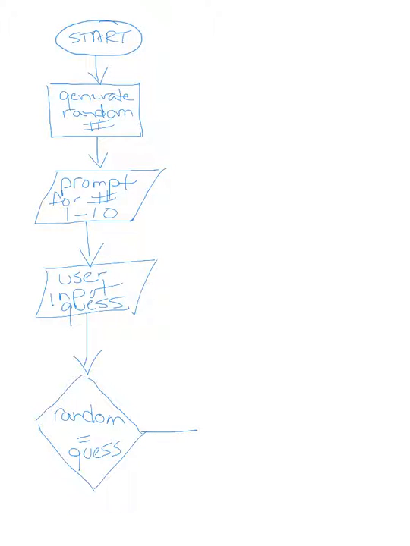If the answer to that is yes, we put an arrow with a yes. You can just put Y, but sometimes I put yes there. If they have guessed the right number and the guess is equal to the random number, then there's an output. Remember, that's a parallelogram with some sort of congrats message.